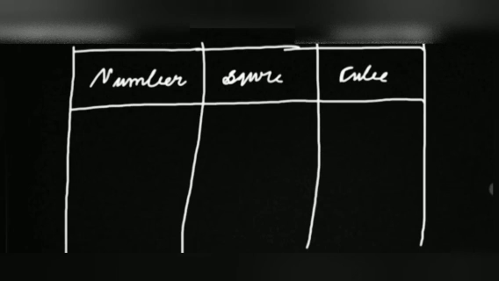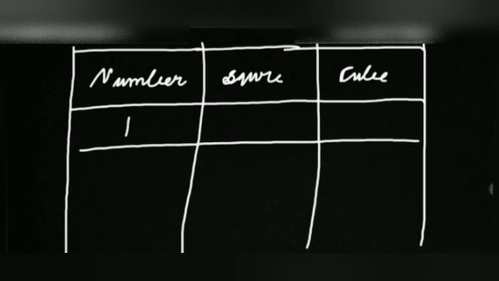Okay, so write down the number as 1. First number is 1. No other way, please learn it by heart. Square of 1 means 1 into 1, which is 1. Cube of 1 is 1 into 1 into 1. Both are equal to 1.